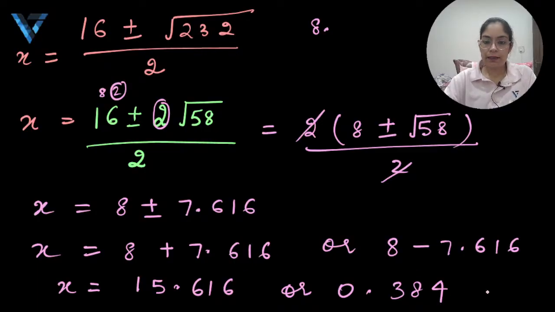The numbers are already up to 3 decimal places, so this is the final answer: 15.616 or 0.384.